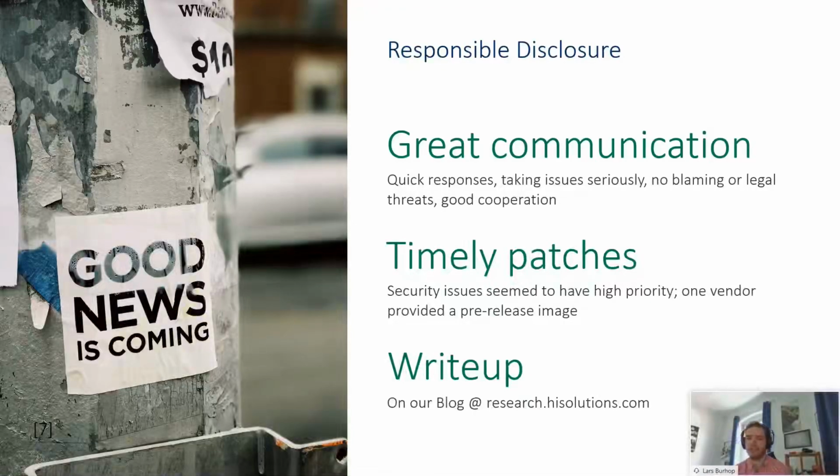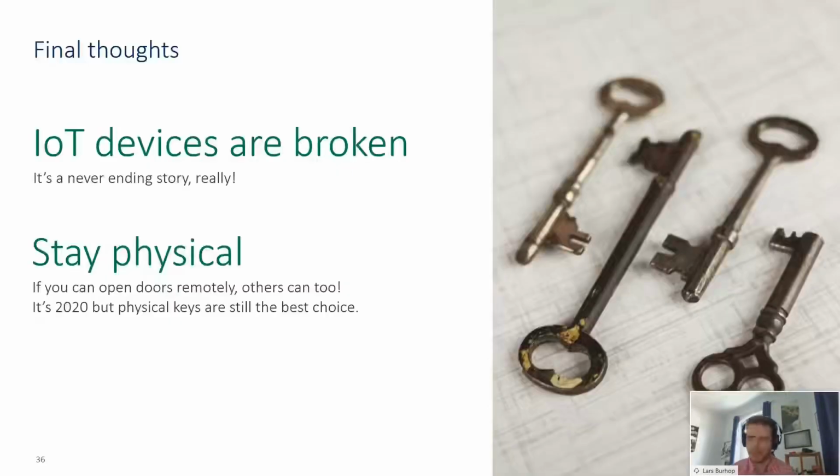Furthermore, more detailed, less time-constrained information on this can be found on our blog at research.highsolutions.com. So, to finish it off, in this talk we brought the focus to IoT devices.